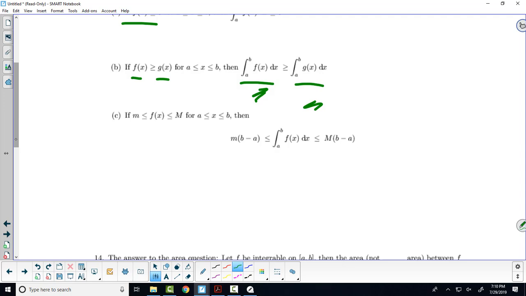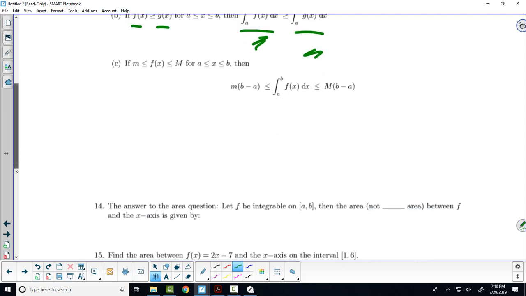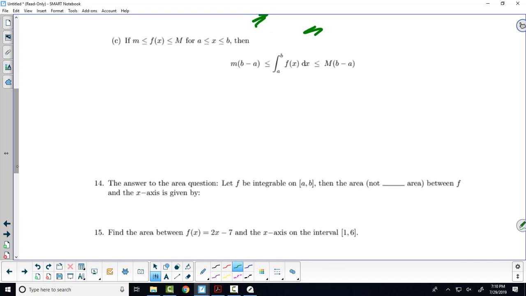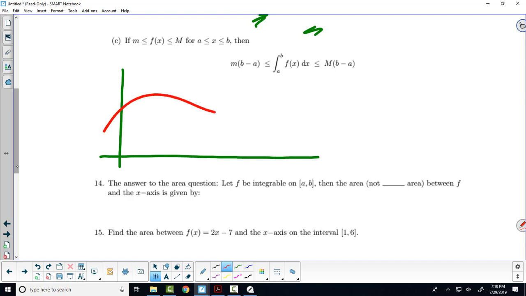This last one I want to spend a little bit of time on, because it will be important in our proof of the fundamental theorem, which we may or may not get to. Suppose we've got a function f of x between a and b.